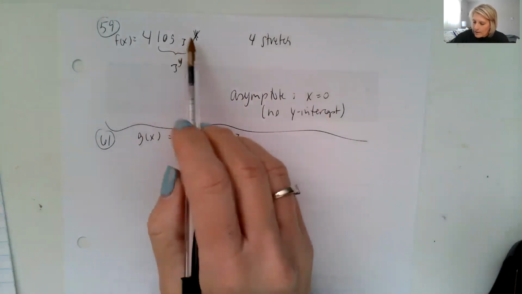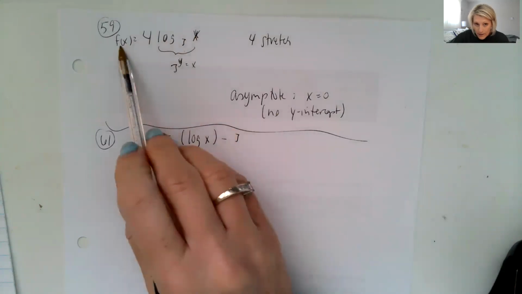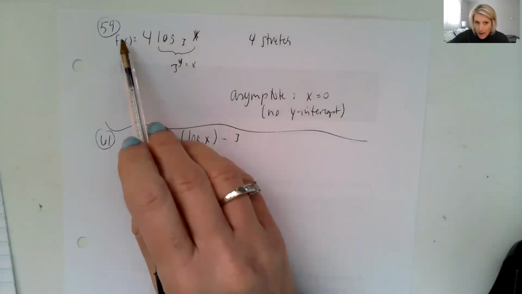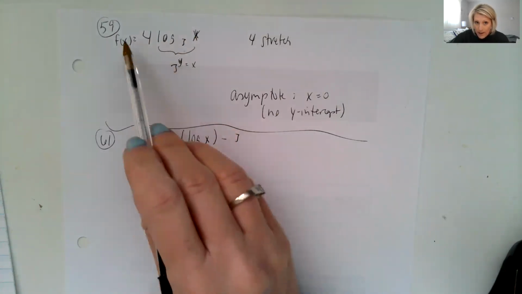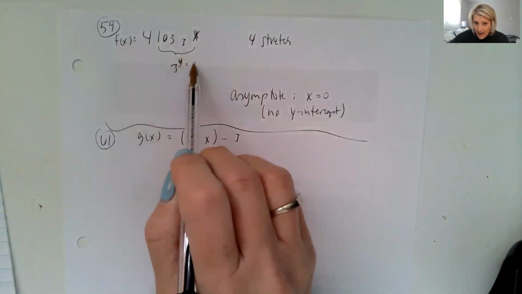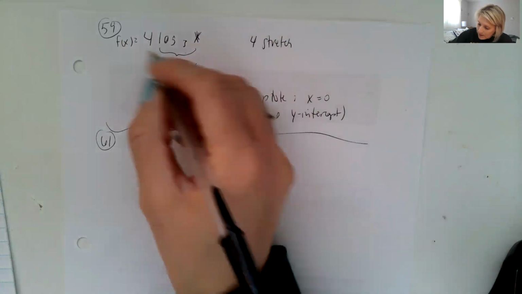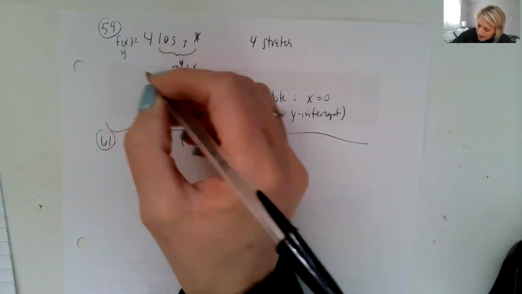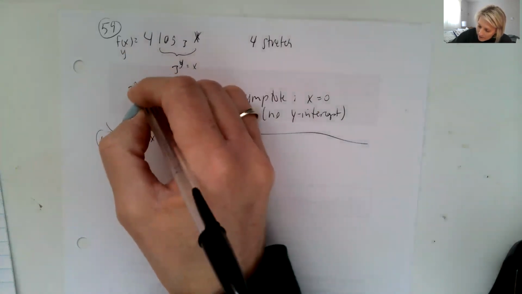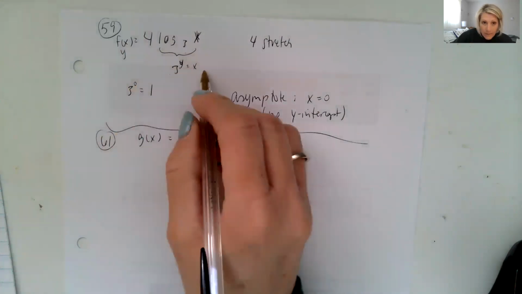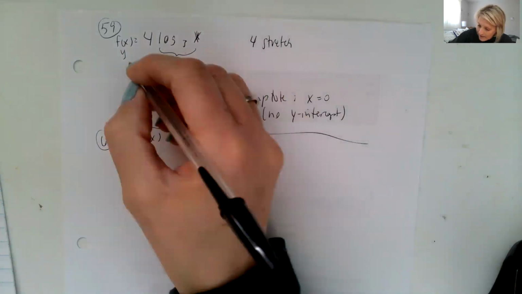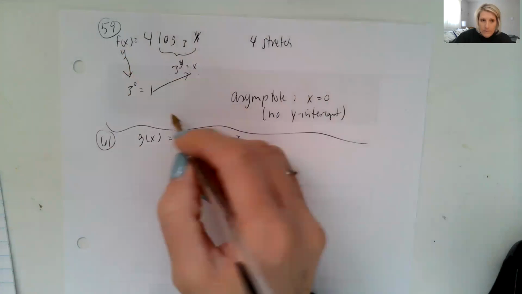And then what x value will make this 0? That means when I raise 3 to the 0, I get x. So that would have to be a 1, because 3 to the 0 equals 1. And that's x, and that's y.